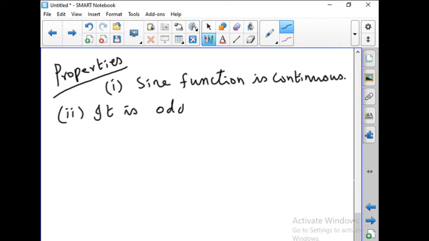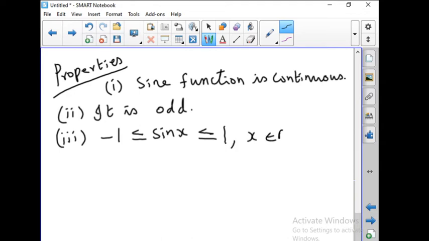We have seen already sine of minus theta is minus sine theta, therefore it is odd. Then the third one, the range of sin x is from minus 1 to plus 1. It takes values for all x belonging to R, between minus 1 and plus 1.